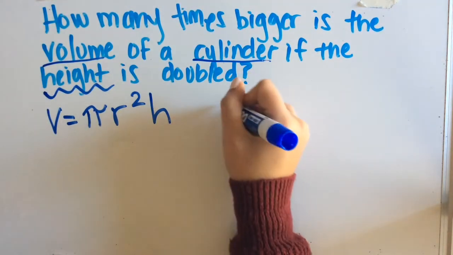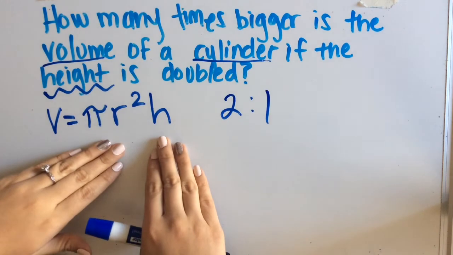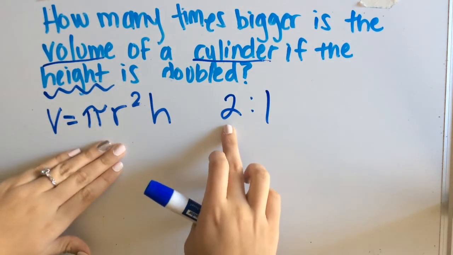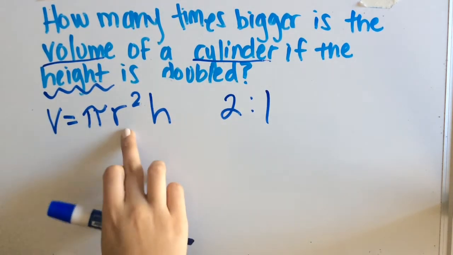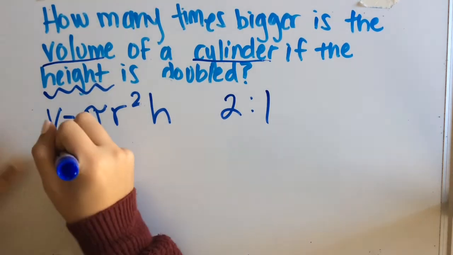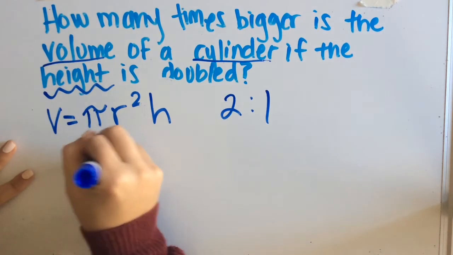If my ratio was 2 to 1, okay, that means my dimensions of one height is going to be double the dimensions of another height. But the radius is going to stay exactly the same. So I'm going to pretend, just in a simple form, that the radius is 1, okay?